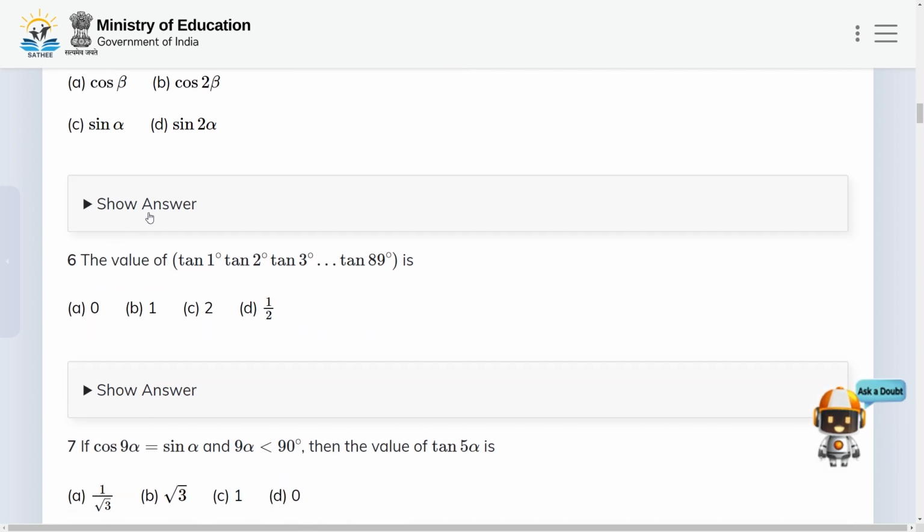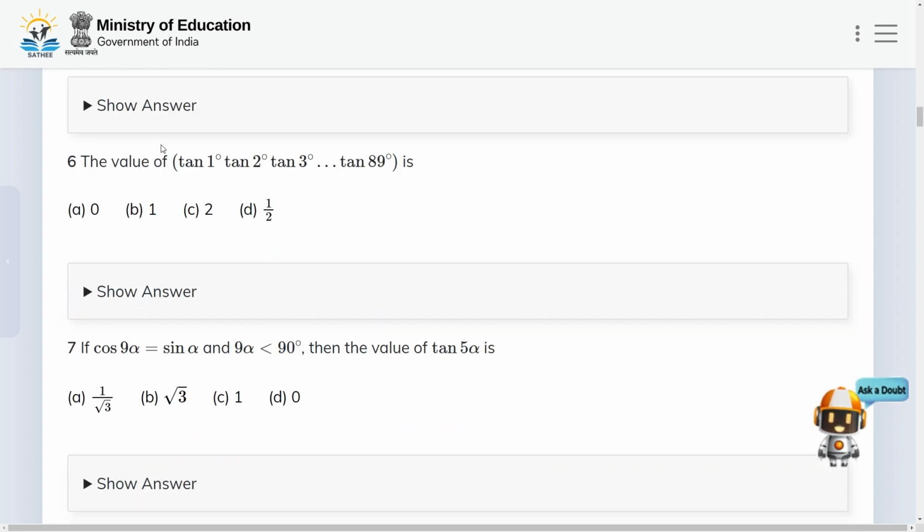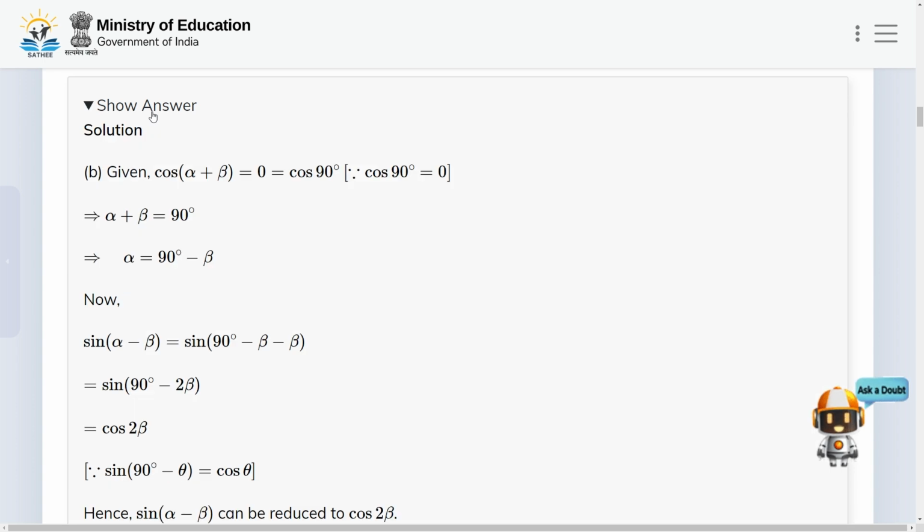First of all, we are given that cos(α + β) is 0.